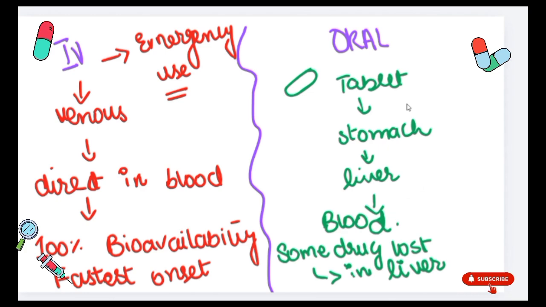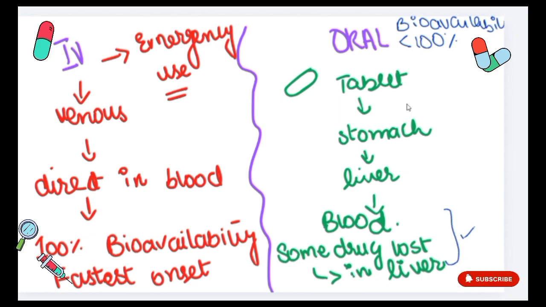Okay, we can say it's lost. So the fraction or percent of drug in oral is lost via the liver. And we can also say IV is bypassing the first pass effect. Bypassing the first pass effect means that it is not reaching the liver.